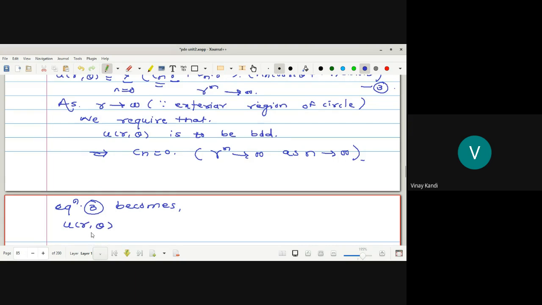Now put the value c n equal to 0. Then u of r theta is equal to summation n running from 0 to infinity of r raised to minus n.